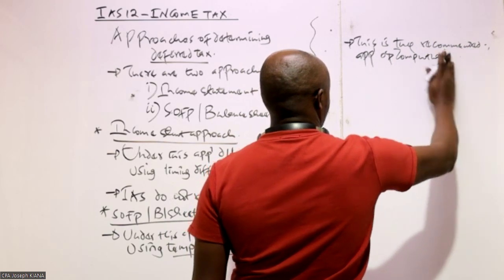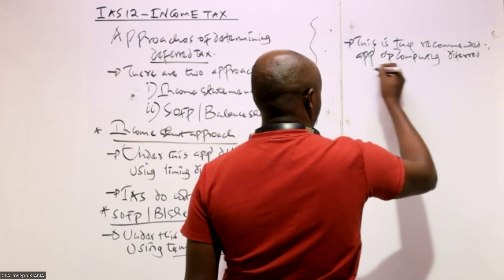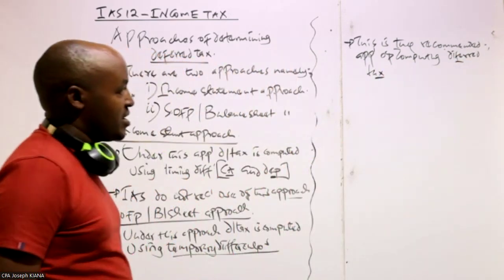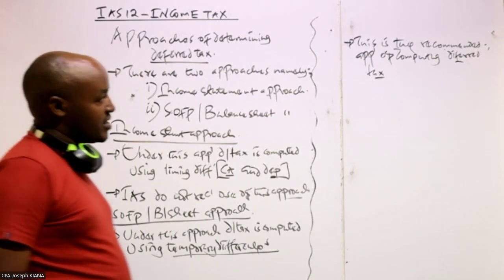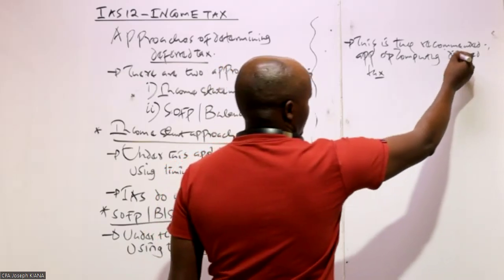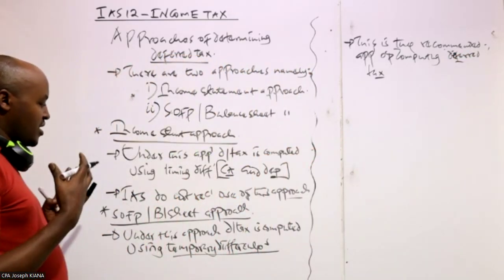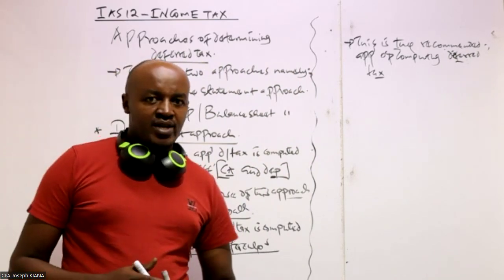So International Accounting Standard number 12 recommends that the deferred tax should be computed using this particular approach, the balance sheet or the statement of financial position approach.